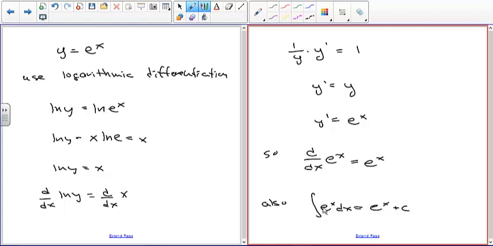So those are my derivative and integral formulas for e to the x. And there's a lot of interesting things that come out of the fact that the derivative of the function is the function. That e to the x is the only function that happens for.